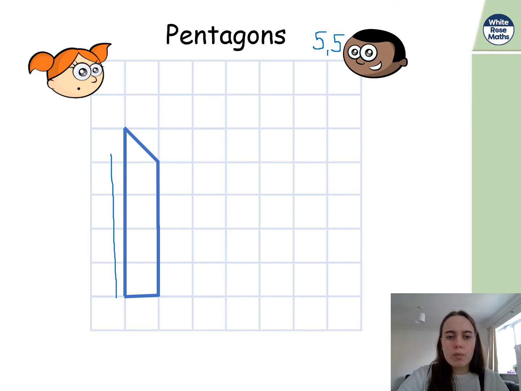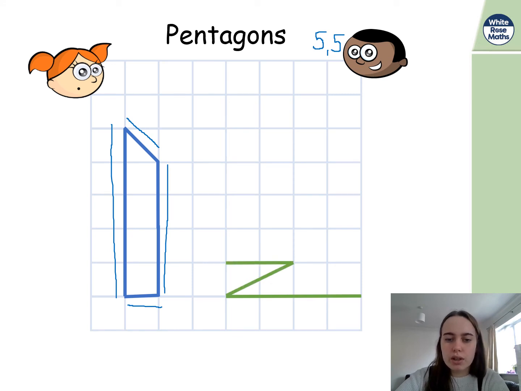We've got 1, 2, 3, 4 sides. So even though the girl drew 5 lines, 5 movements of her pencil, there's actually only 4 sides, so it's not a pentagon.